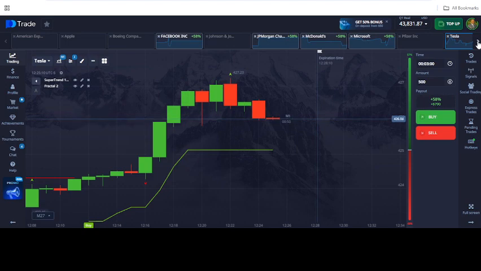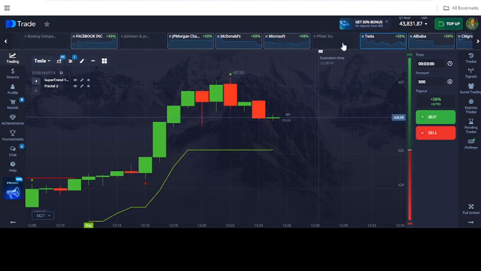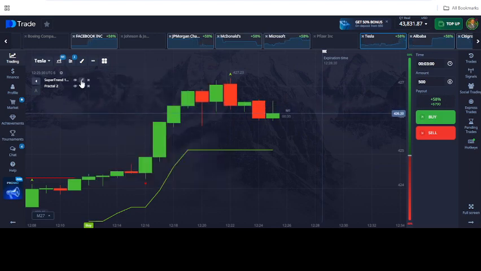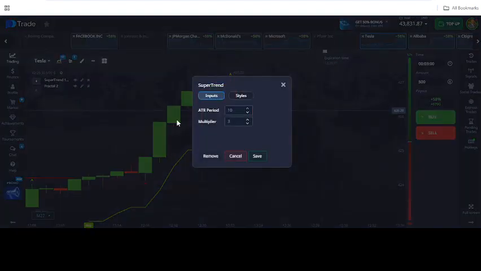Not all the stocks are available during certain times of the day, but we're going to focus on the ones that are available here. I'm going to be utilizing two indicators, the Supertrend and the Fractal. For my Supertrend setting, when I click on the pencil icon, I'm going to maintain the default settings, ATR period 10, multiplier 3.